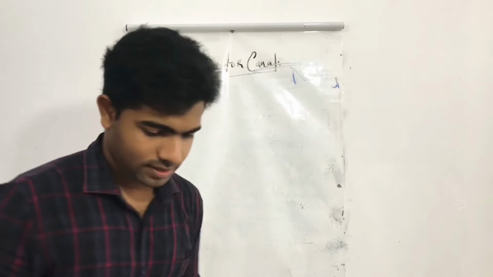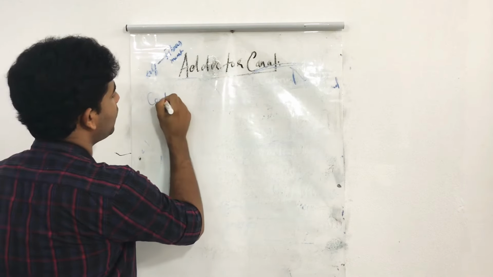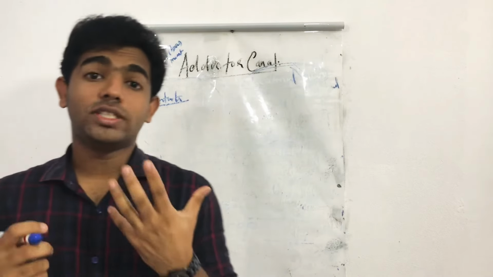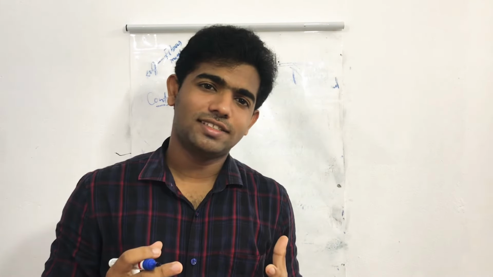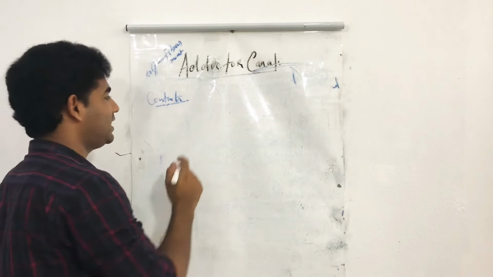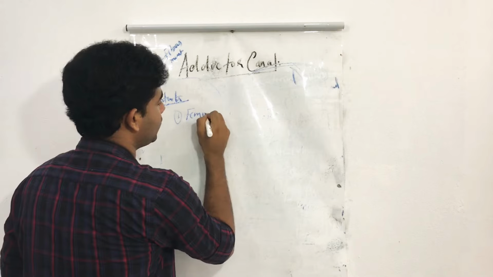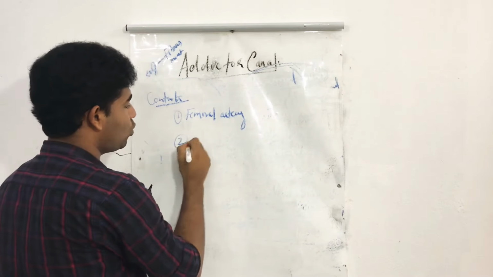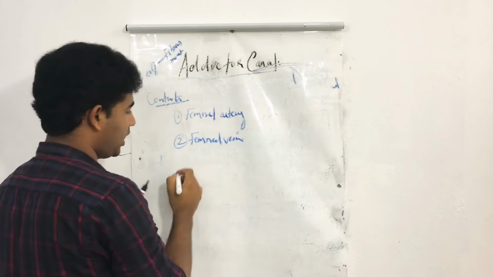Now, the most important thing, the contents of adductor canal. What were the contents of femoral triangle? Just recollect it by the time. Now, let us see the contents of adductor canal. The first one is the femoral artery. Second one is femoral vein.